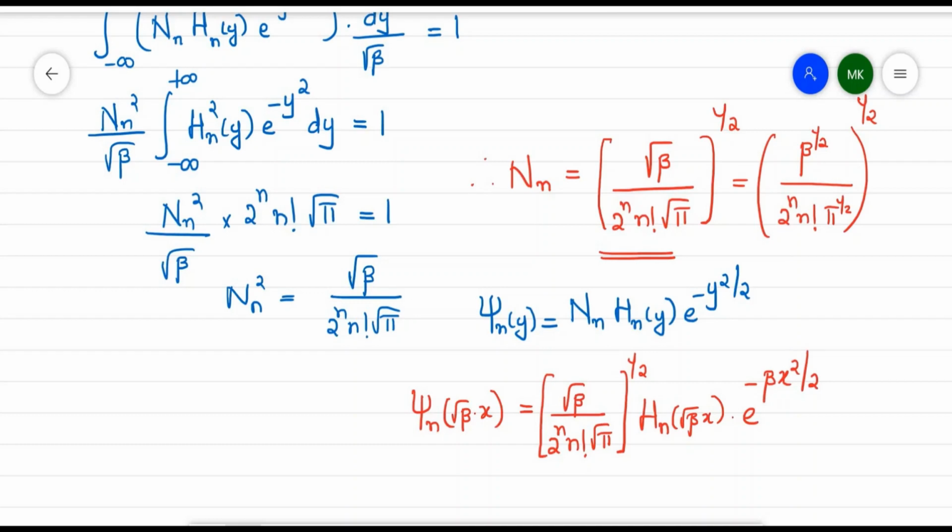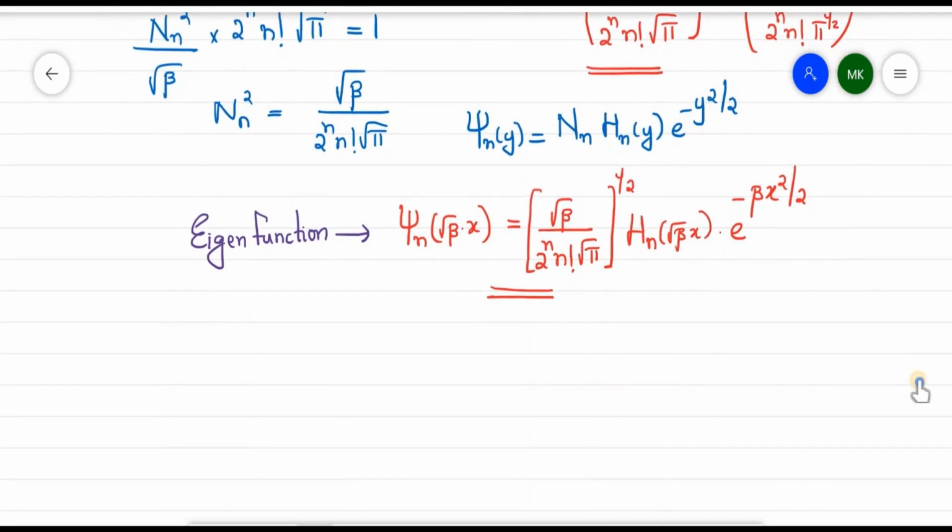Y is root beta into x, so y square by 2 is beta x square by 2. So this is the eigenfunction of the one-dimensional simple harmonic oscillator, and the eigenvalue is given by En equals n plus half h nu.